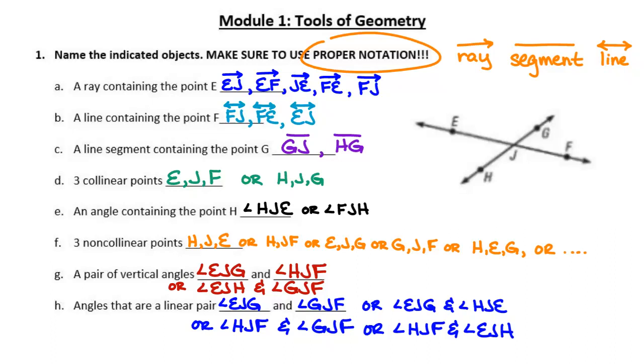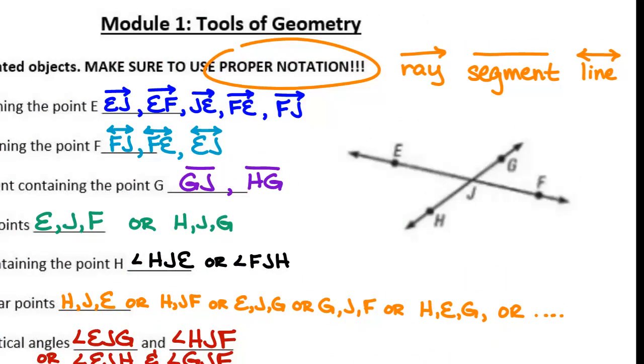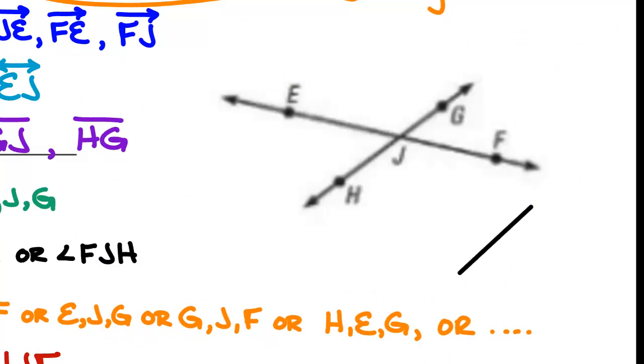An angle is written with 1 letter in a situation where, like if I have a triangle and those vertices are called A, B, and C, I could call this angle here angle A, or I could call it angle BAC, but I could not name it with 2 letters.